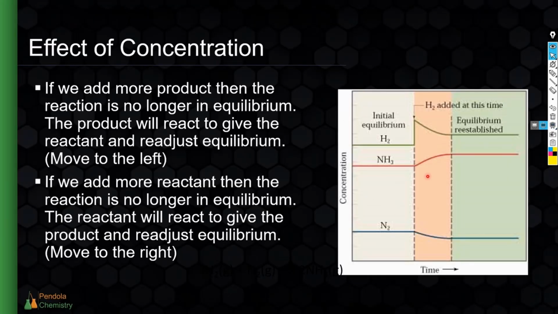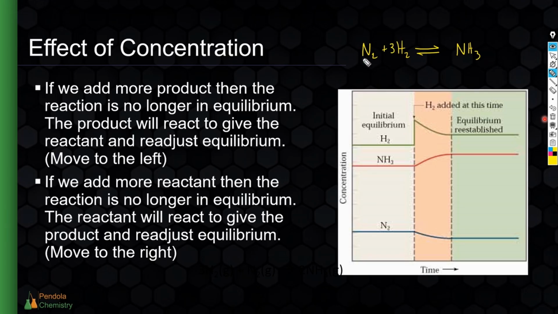If we look at this chart, this is an example of just what we talked about. If we look at this reaction, and I'm going to write up here, nitrogen reacting with hydrogen to create, and this is an equilibrium reaction, ammonia, NH3.